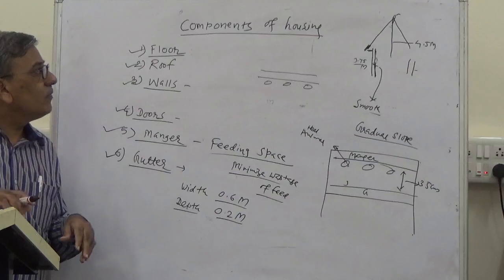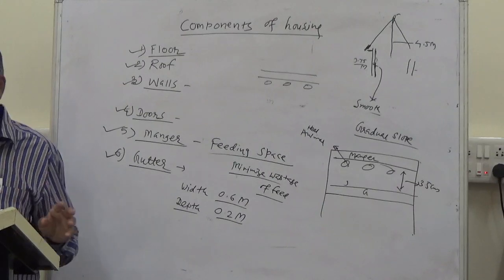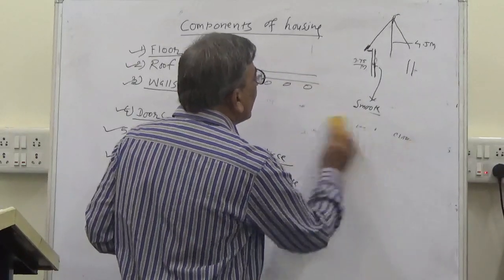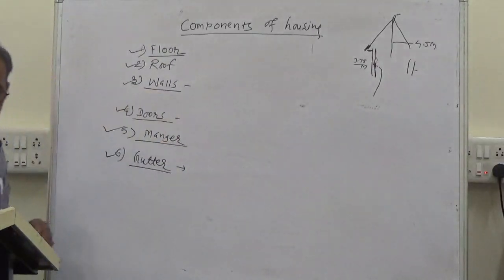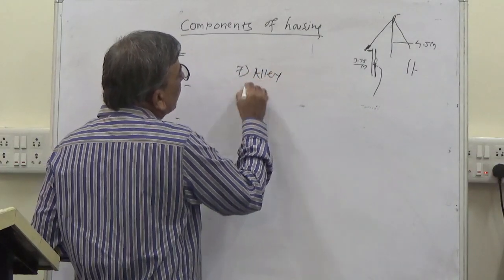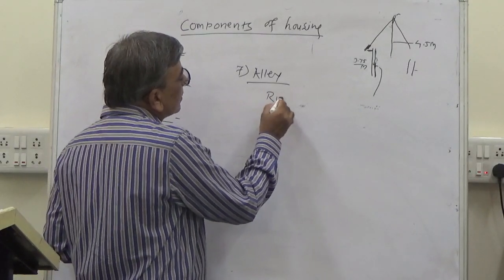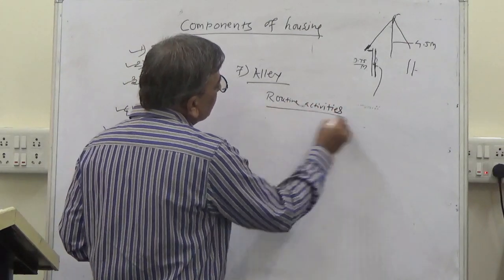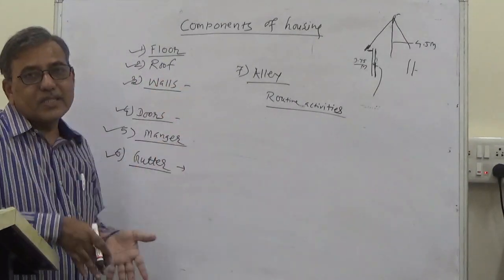And the last component of dairy housing is the place from where the different activities are carried out. It is called the central alley. It is the place provided to carry out routine activities by the workers. In tail-to-tail housing or head-to-head housing, it may be placed at the center.